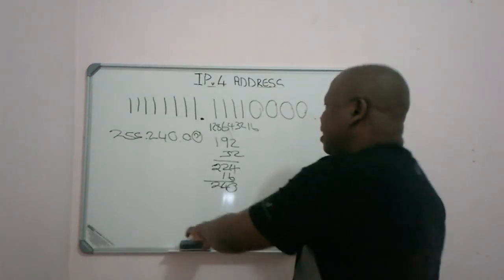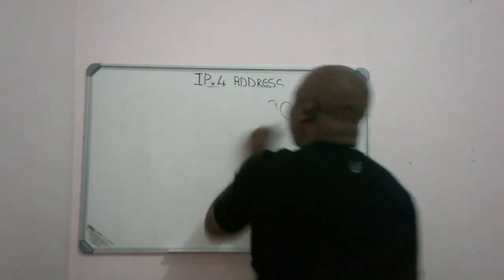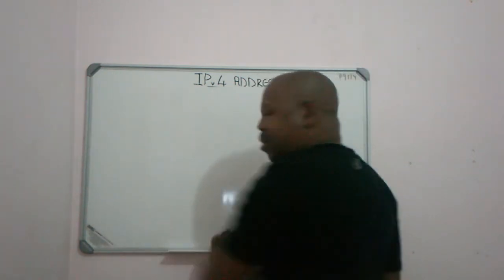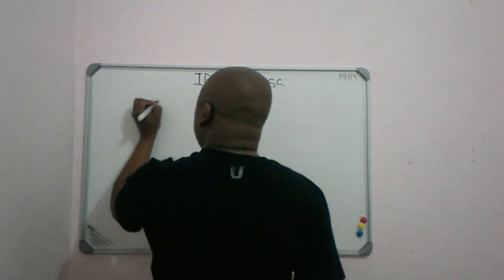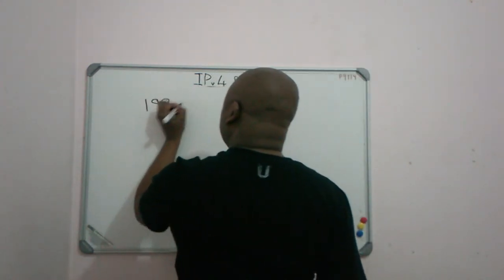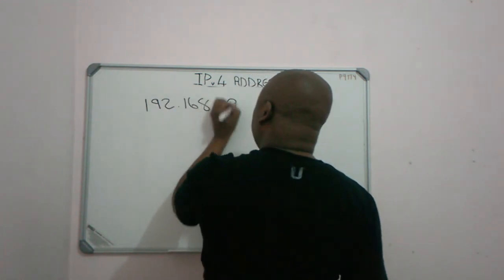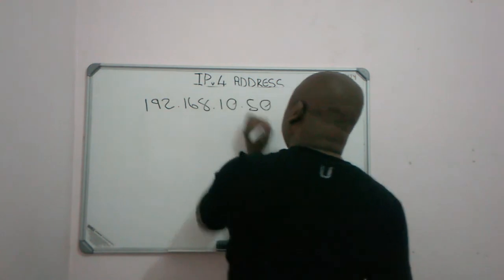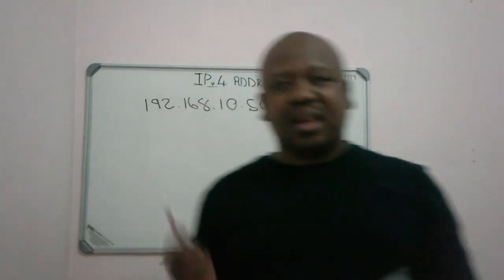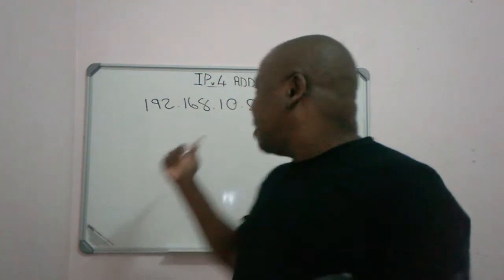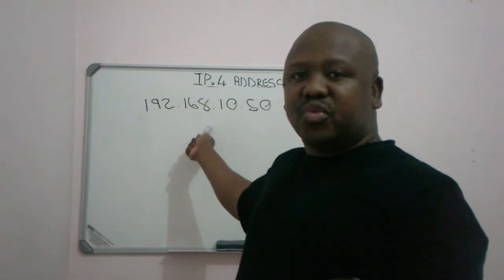The job of NAT is to take our private address. Let's say I have 192.168.10.50. That's my private IP address, the address that I use on my LAN.